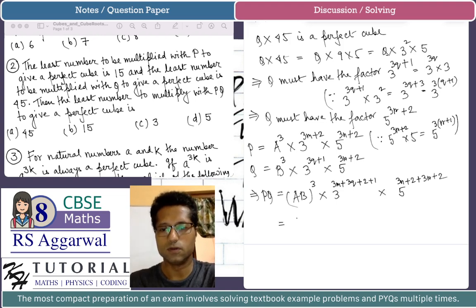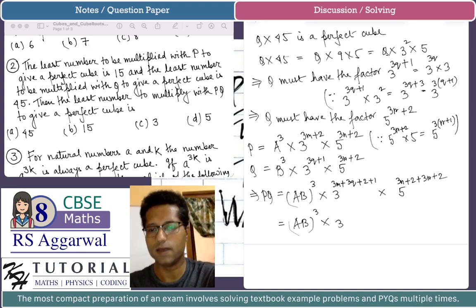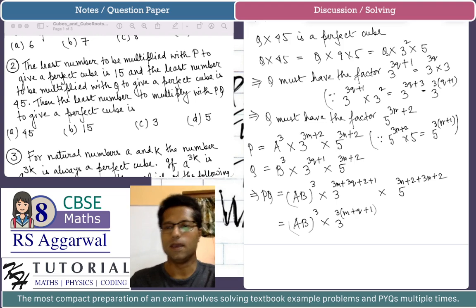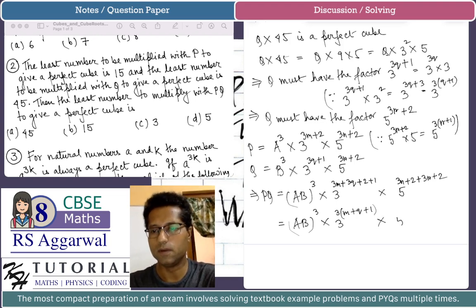So this is equal to AB whole cube multiplied by 3 to the power 3 times m plus q plus 1, where m, n, q, r are all natural numbers, and we have 5 to the power 4.